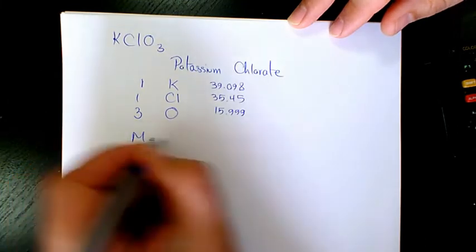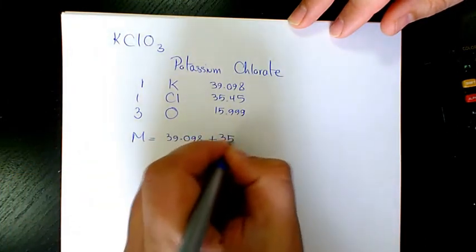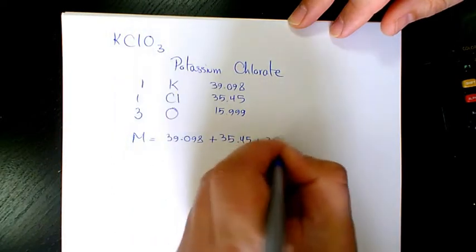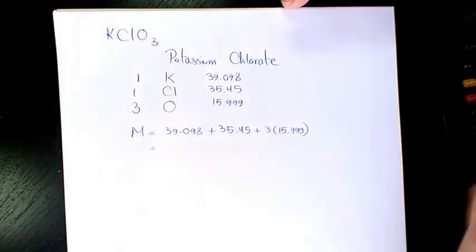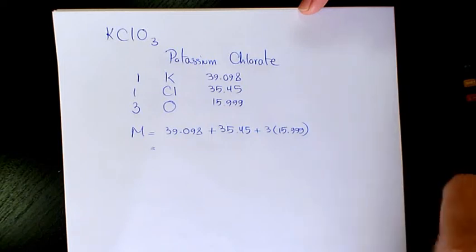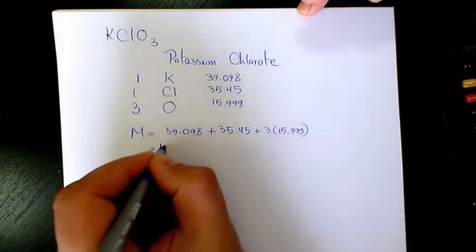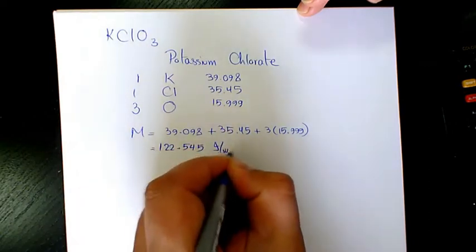So that's going to be 39.098 plus 35.45 plus 3 times 15.999. That's going to be 122.545 grams per mole.